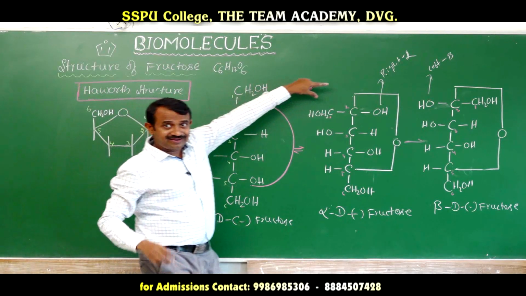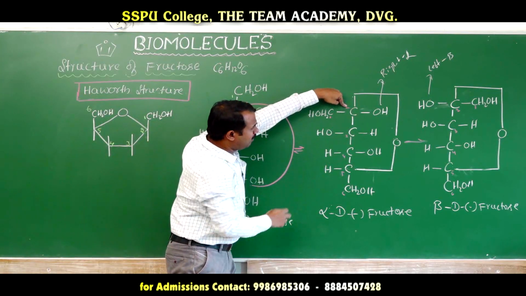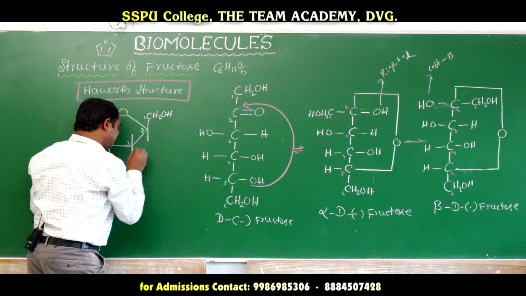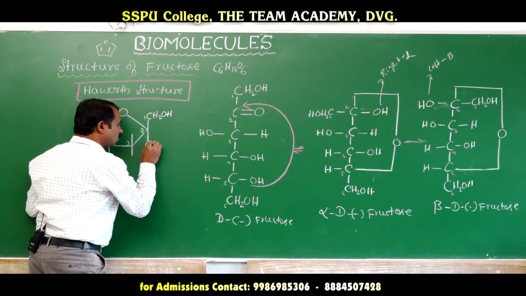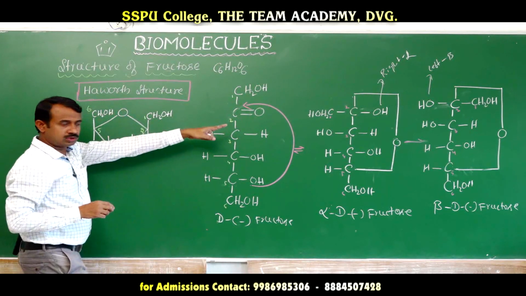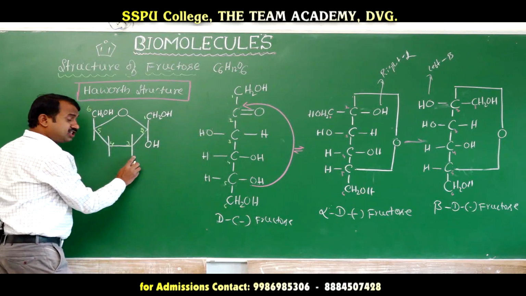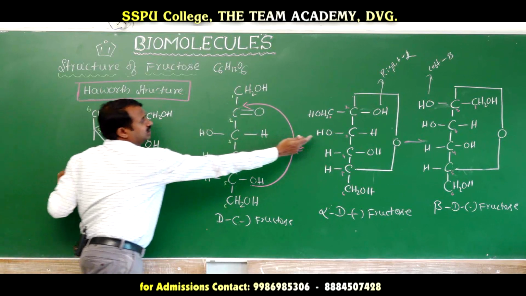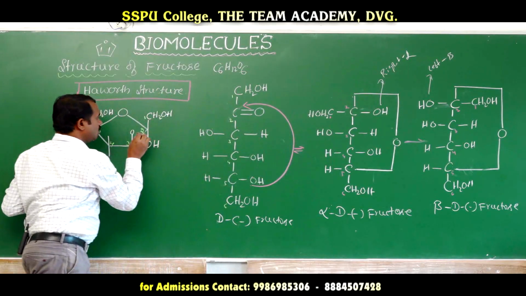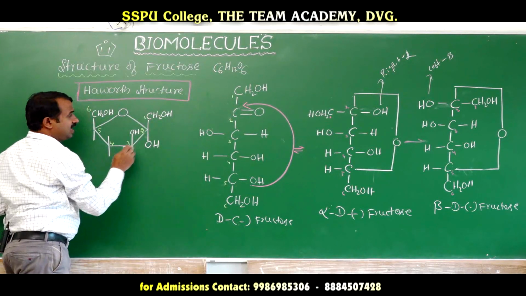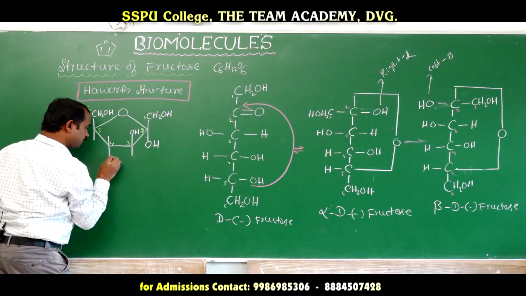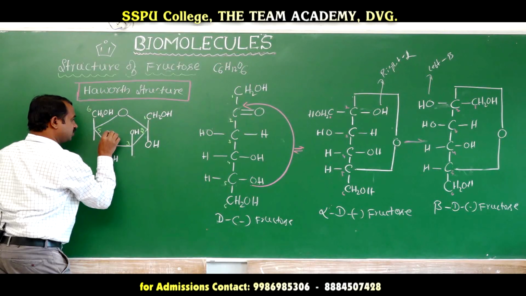But here, listen here, the C2 carbon hydroxy group is on the right side, which means you have to write here OH below. Next one, the hydroxy group is inside. Next one, this carbon is on the left side, here OH. Again here left side means again here right side, OH.